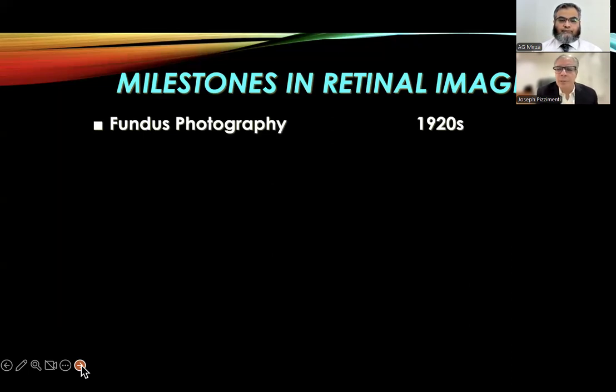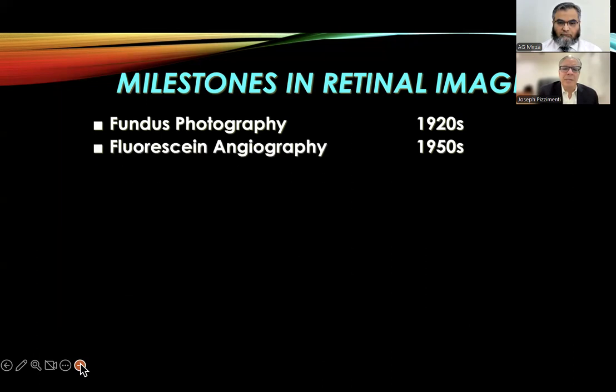If we were to put retinal imaging onto a historic timeline, we could see that fundus photography became available in the 1920s. Fluorescein angiography came about in the 1950s, and so we were able to learn quite a bit more about the retina and its associated structures.